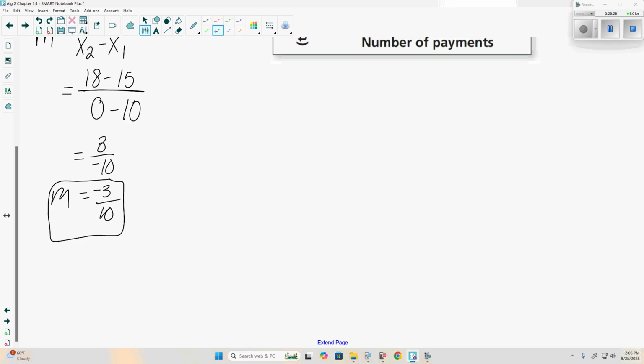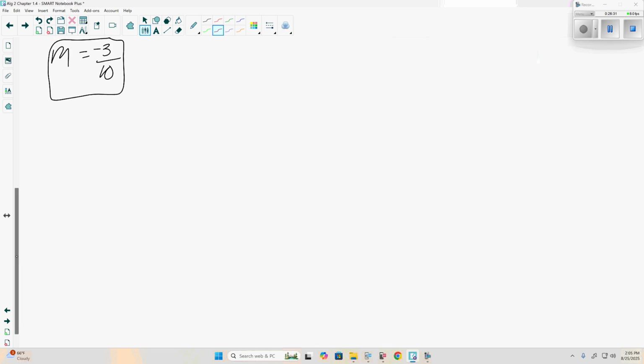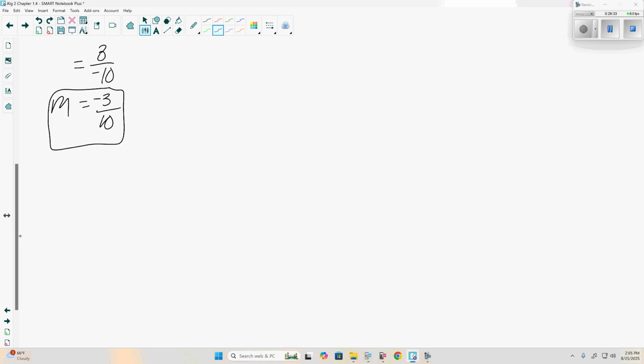So, the x-axis, our change in x, the bottom of this fraction, is the number of payments, yes? The y-axis is our balance. So here we're saying for every 10 payments, the balance does what?